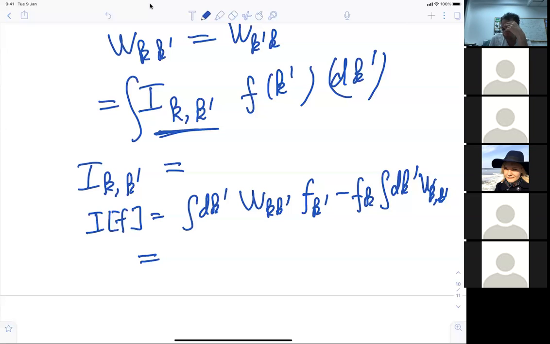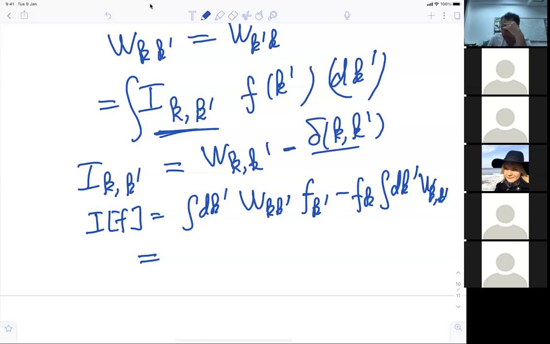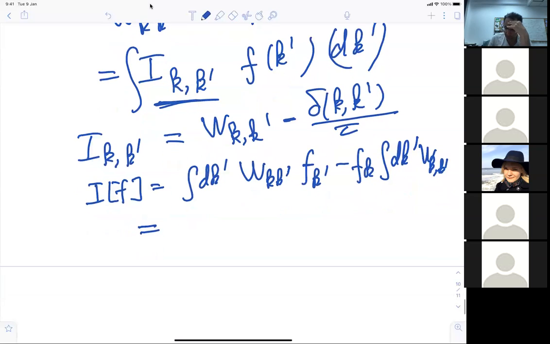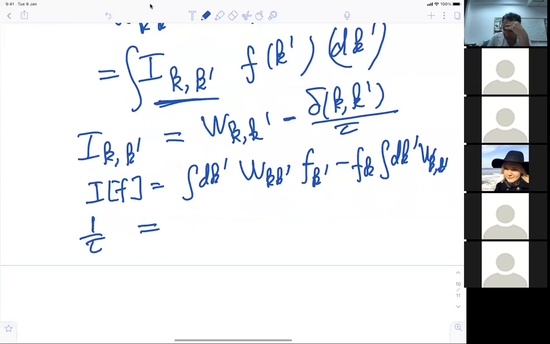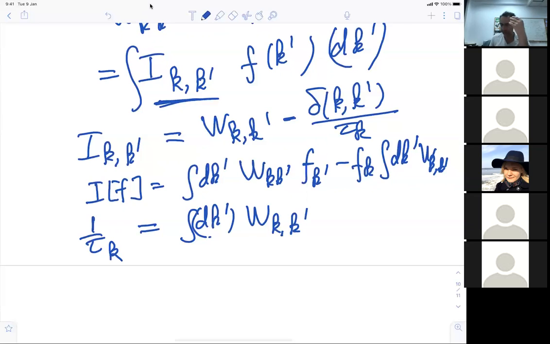So it's W k k prime minus delta function of k and k prime divided by tau, where 1 over tau is an integral over dk prime of W k k prime, and this depends in general on k.